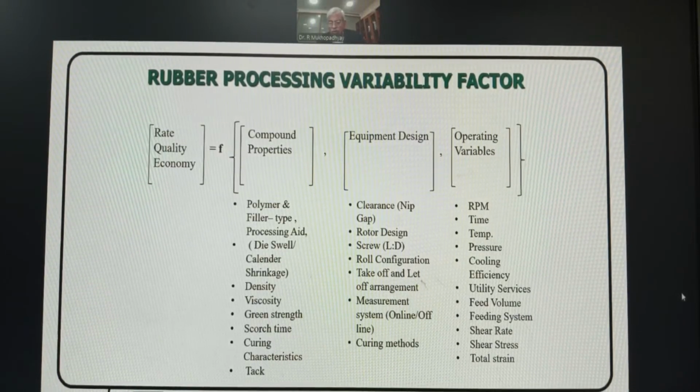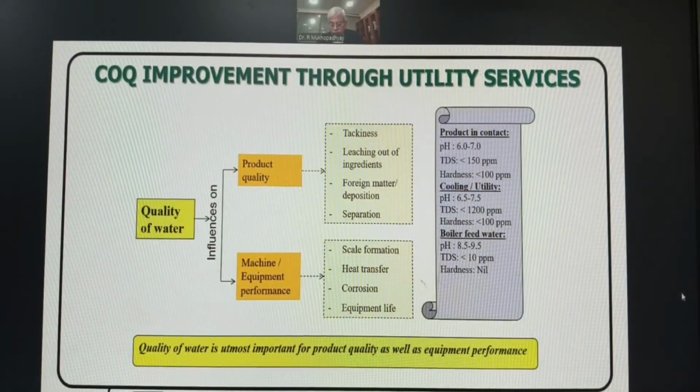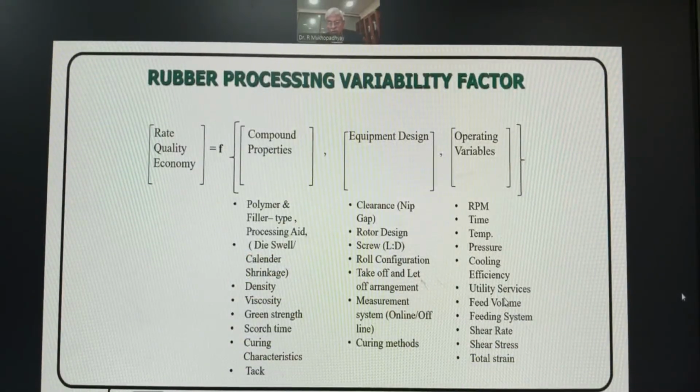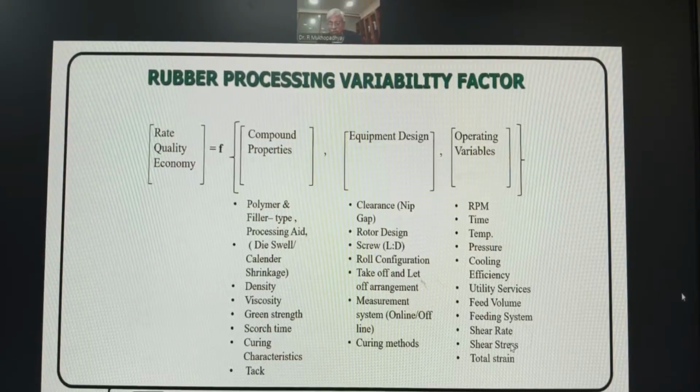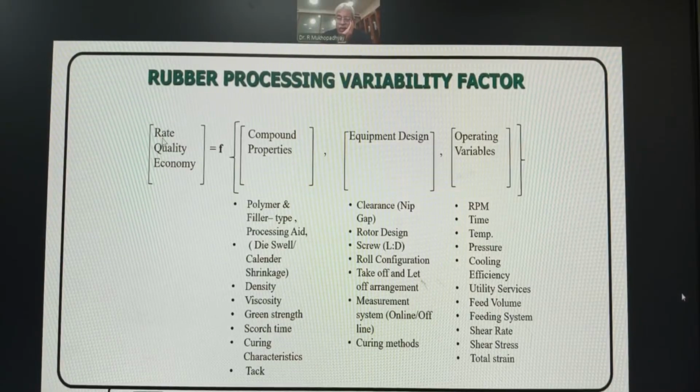All this is very, very important. Besides raw material and utility services, there is also the feed volume, feeding system, shear rate, shear distance, and total strain. That means you have to consider the compound properties, equipment design, and operating variables. Then you get the quality at a competitive price.